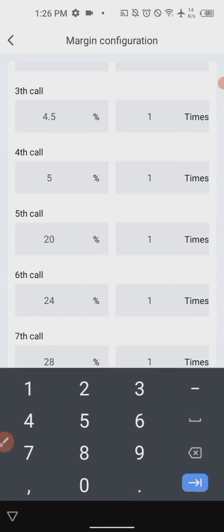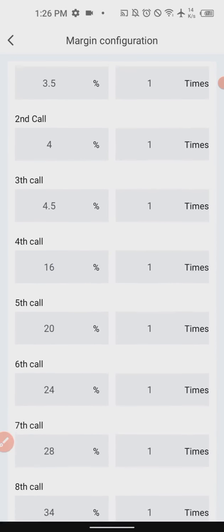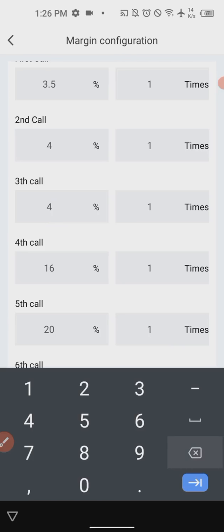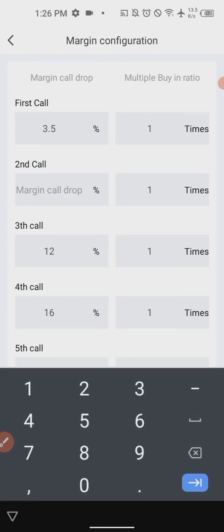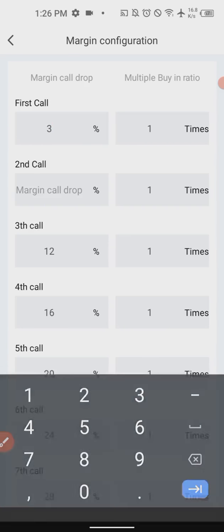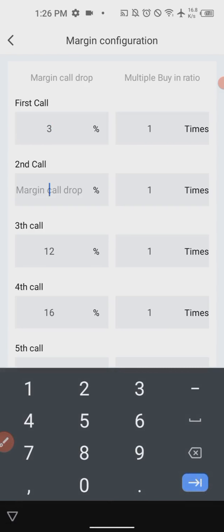Then this would be about 16, 12, 8, 4. Okay, let me just reduce this to 3, 7.